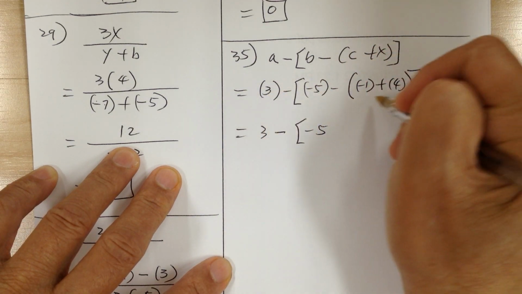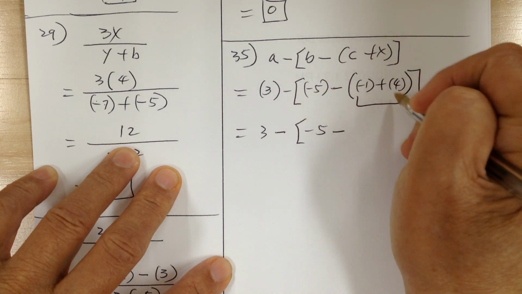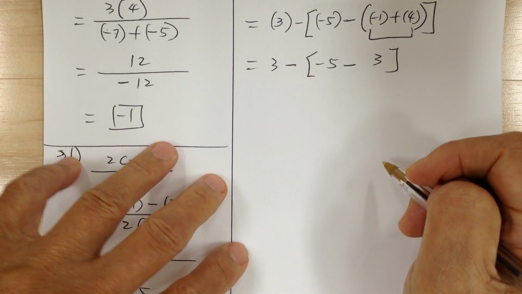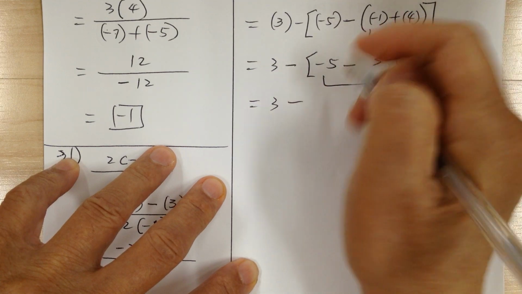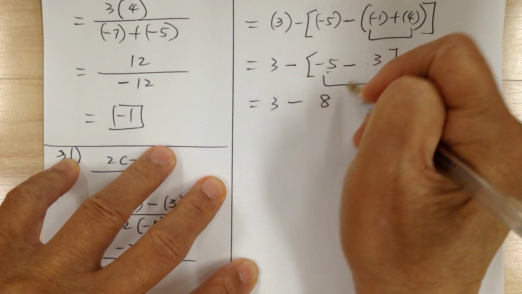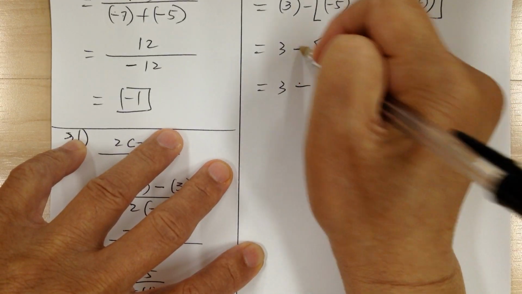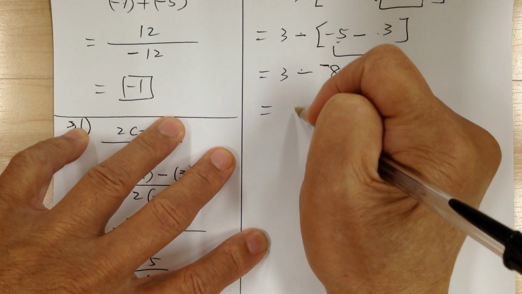So this is -5, this is minus, and this becomes 3. First step, get rid of all the parentheses. Next step, get rid of all the brackets. Same sign, you add, and this gives you -8. This negative is from here, this negative is from here, and so this becomes plus. So it becomes 11.